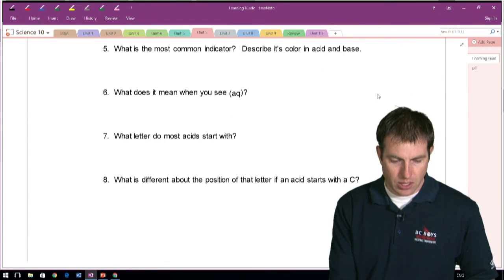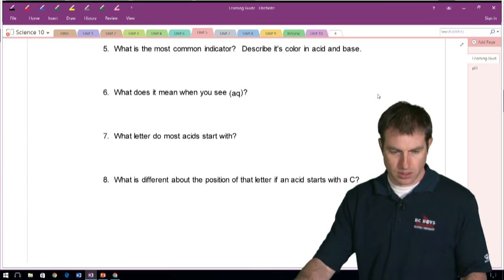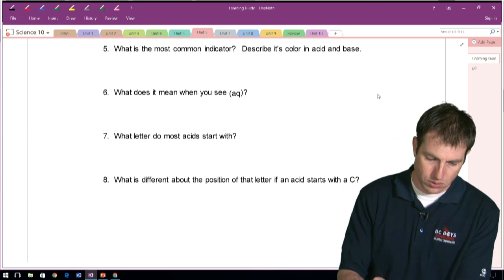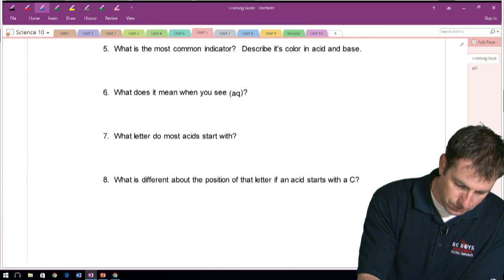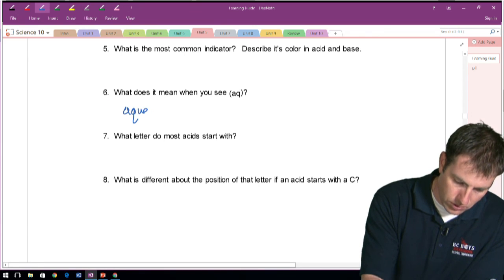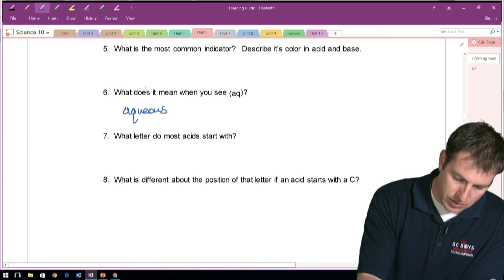What does it mean when you see AQ? AQ means aqueous, which is dissolved in water.